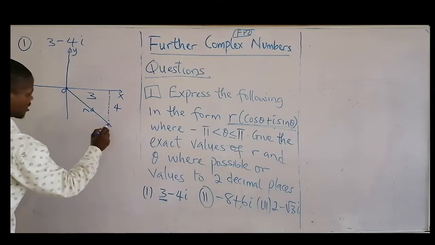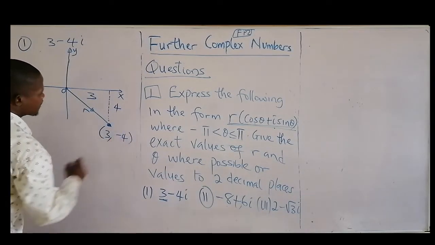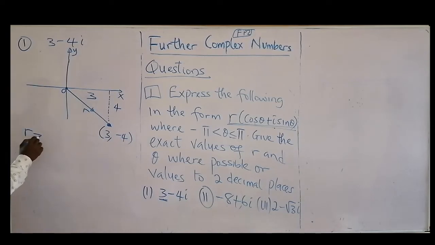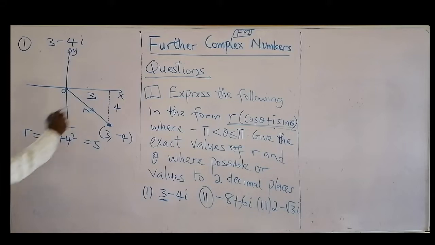Then you can indicate your complex number here, which is 3, minus 4. So the modulus, using Pythagoras theorem, is the square root of 3 squared plus 4 squared, and that will be 5. Don't forget this makes an angle of 90 degrees to the horizontal.